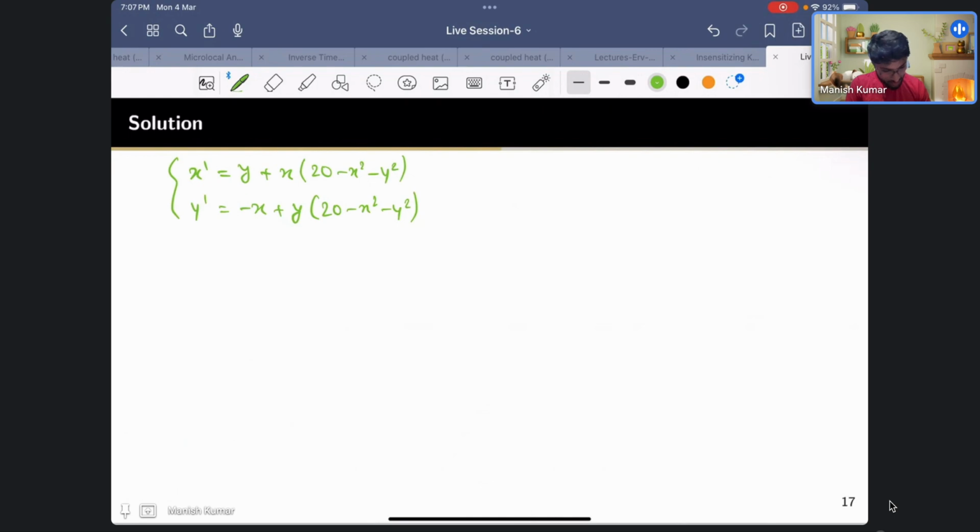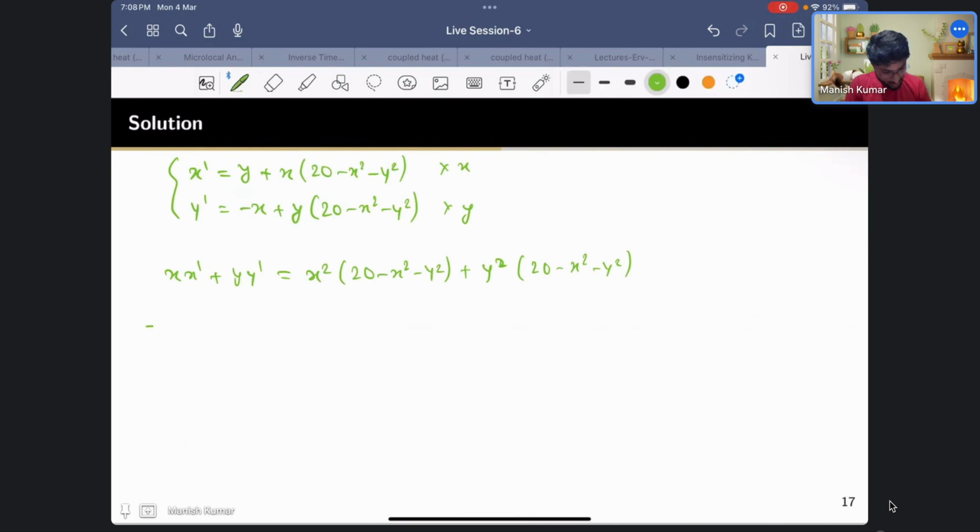Again, let us multiply this one by x and this one by y. So x x prime plus y y prime is equal to, so these two terms will cancel out, and then you have x square times (20 minus x square minus y square) plus y square times (20 minus x square minus y square).